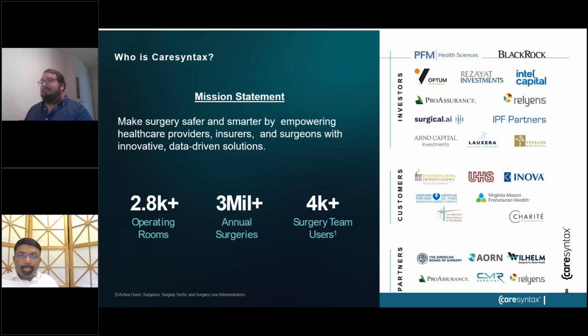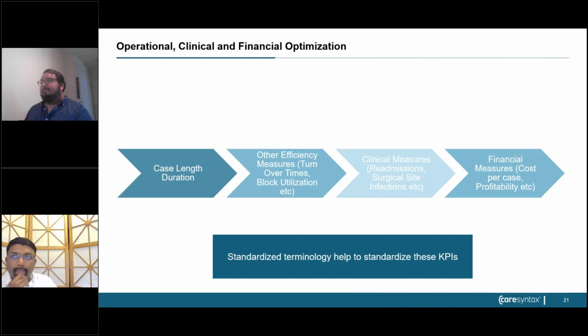But let's go in and talk a little bit more about how we're tying back to what Alex was talking about, right? Alex was talking about case length duration, and case length duration is really critically important. You can think about that as wheels in to wheels out, right? But then when you look at wheels out of case one to wheels in of next case, now you're looking at turnover time.